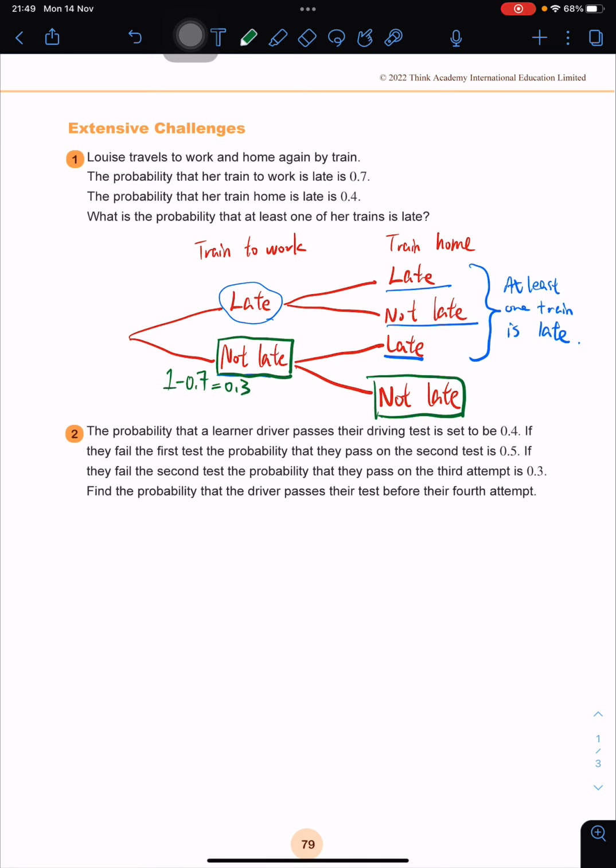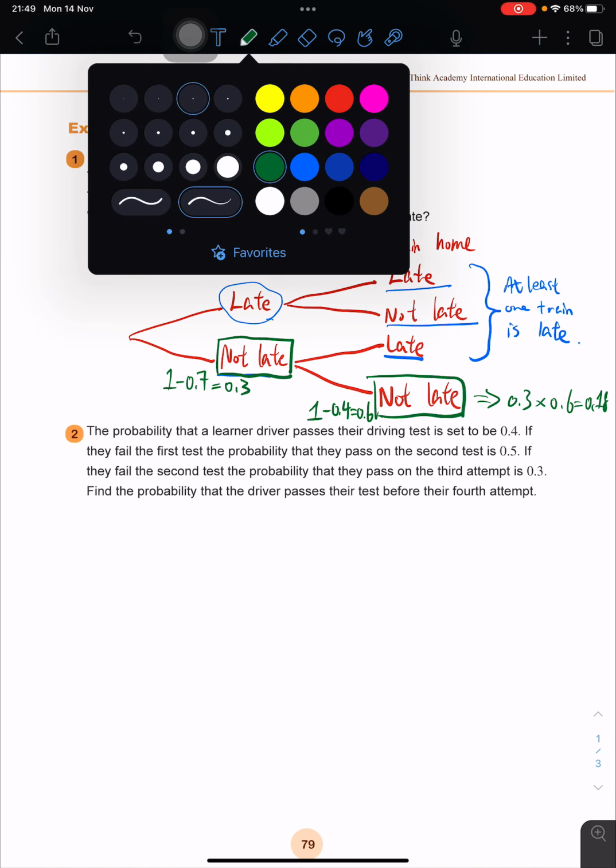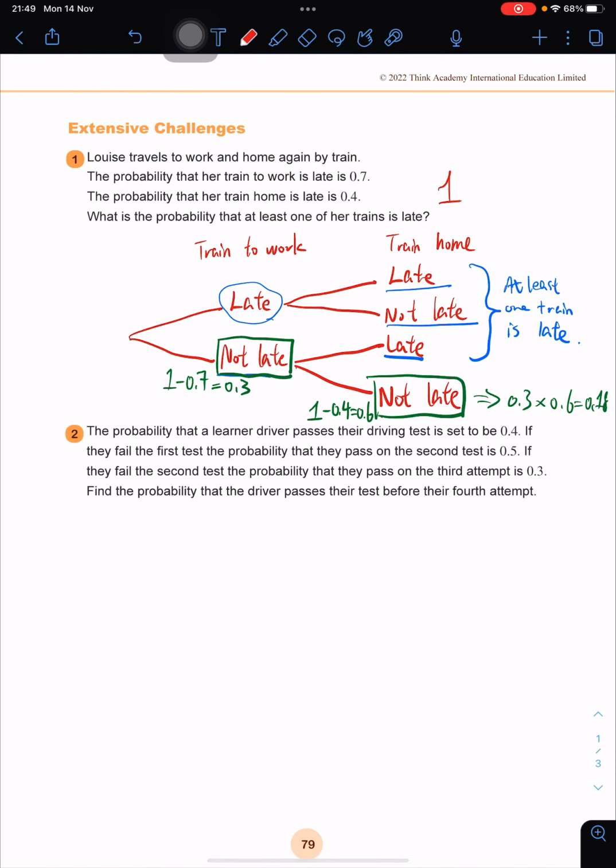And the train home is 1 take away 0.4, which is 0.6. So the probability that neither train is late is 0.3 multiplying 0.6, that is 0.18. Now you take away 0.18 from 1, and you get the answer 0.82. That's the probability that at least one of her trains is late.